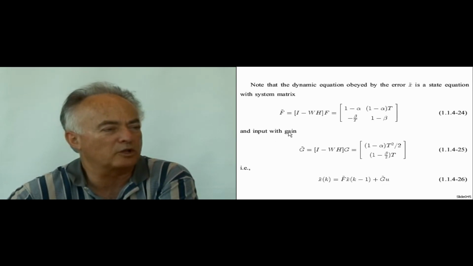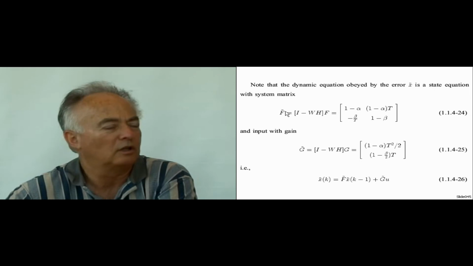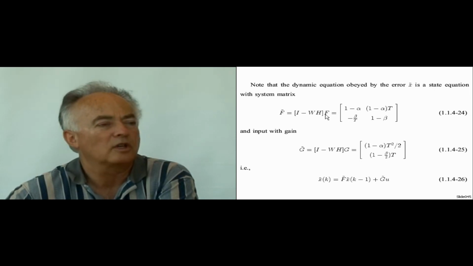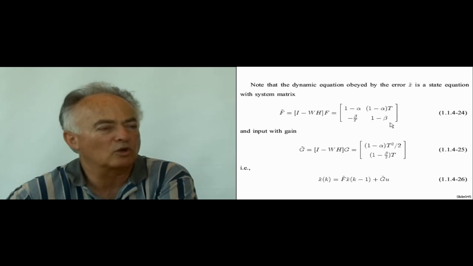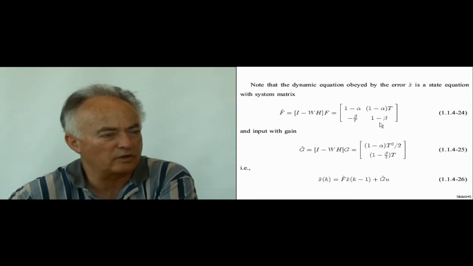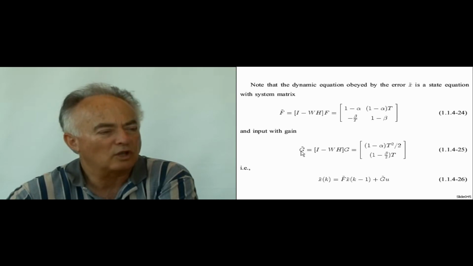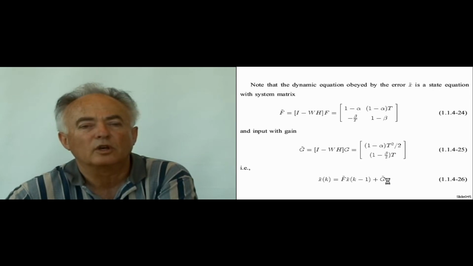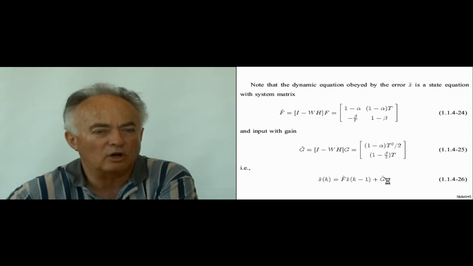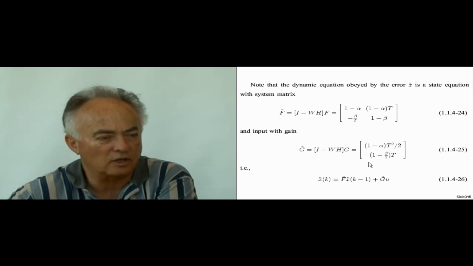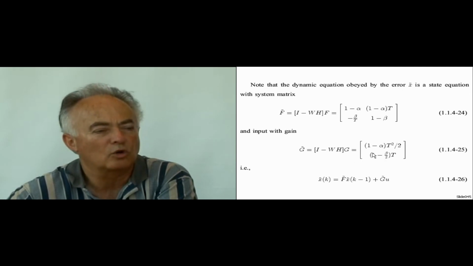With a little bit of algebra, F tilde turns out to be I minus WHF. Here are the elements of this matrix. You can see the alpha and the beta, how they come in. And there is a gain G tilde on this effect of the unknown input, that unknown acceleration, on the state estimation error. And again, it is given by terms containing alpha and beta and obviously t.